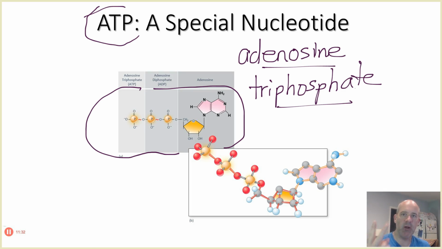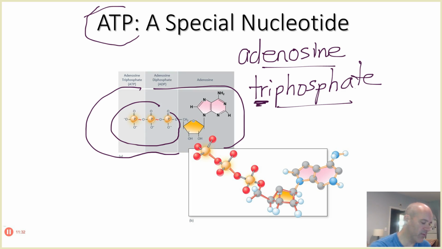So we just said nucleotides are the building blocks of DNA and RNA, and all nucleotides have a phosphate, a sugar that's a pentose type of sugar, so it has 5 carbons in it, and then there's the nitrogen containing base. So ATP actually has 3 phosphates in it. There's the 3 phosphates. That's why it's called triphosphate.